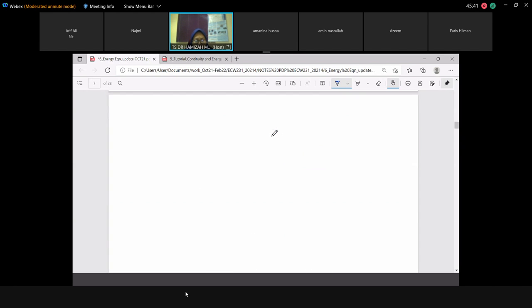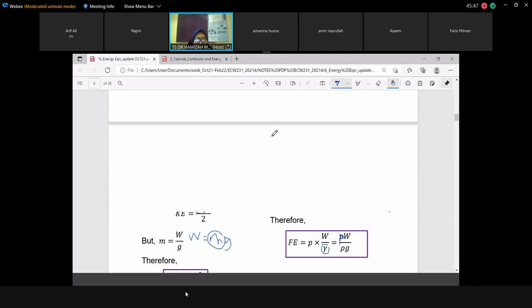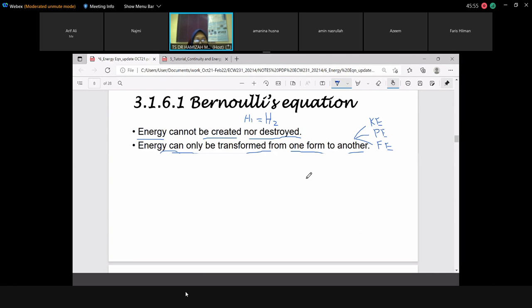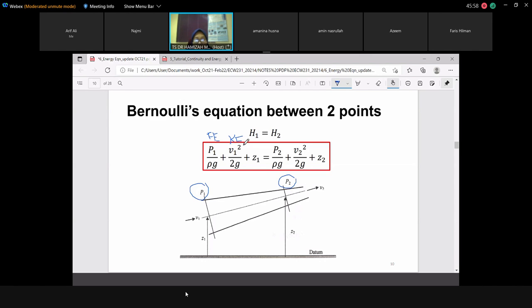So this is FE, this is kinetic, and this is potential energy. Okay, so the first part is referring to point 1. It has their own velocity and also own elevations from the datum. Okay, pressure at point 2 is represented by here, point 2. So they have their own potential energy, kinetic energy, and also pressure energy.